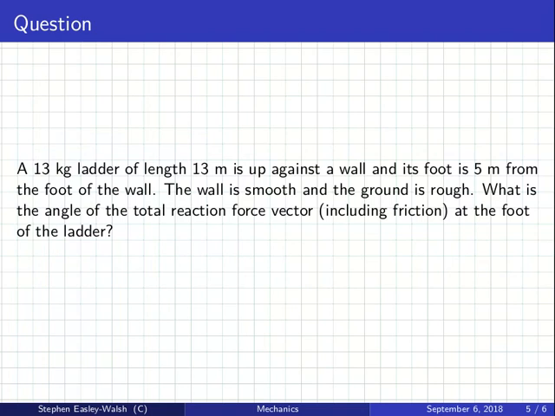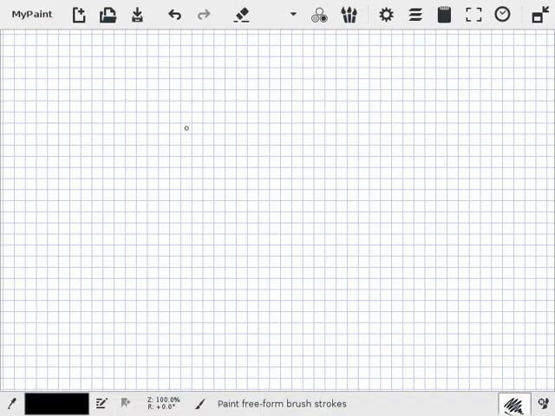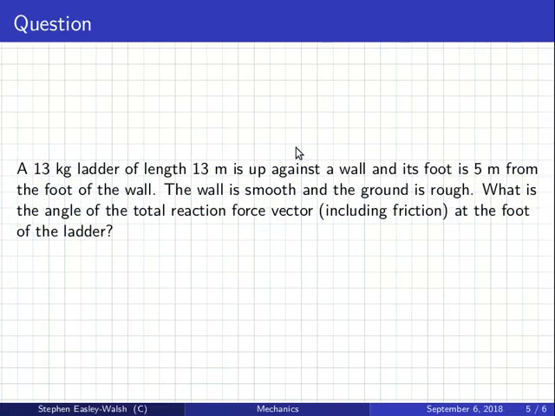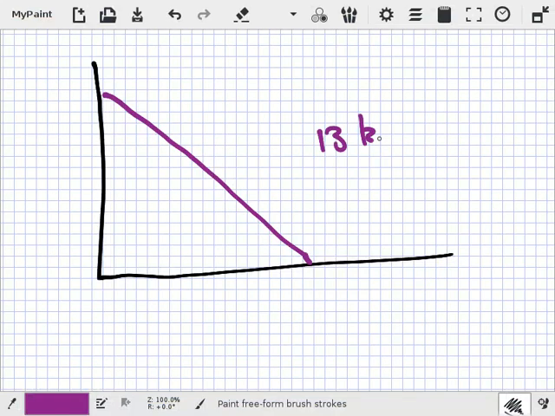A 13 kilogram ladder of length 13 meters is up against a wall, and its foot is 5 meters from the foot of the wall. So you've got a wall here, ground here, ladder here, and this ladder is 13 kilograms, and it's 13 meters long.